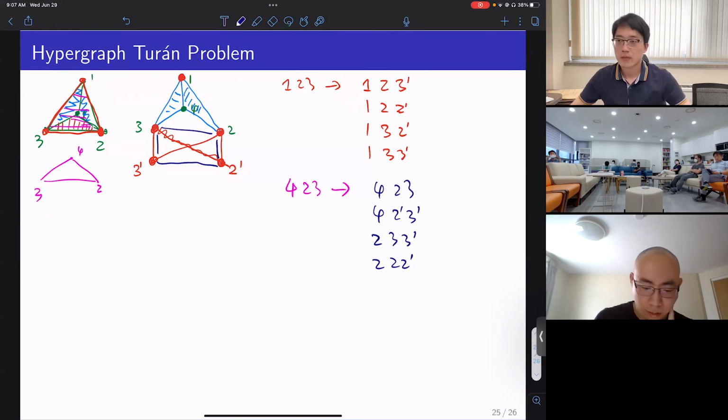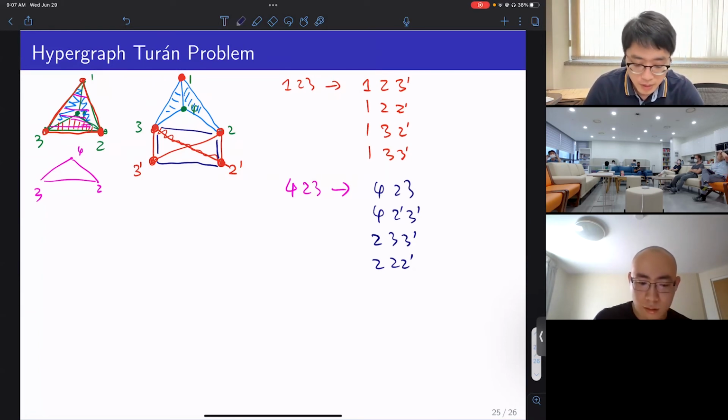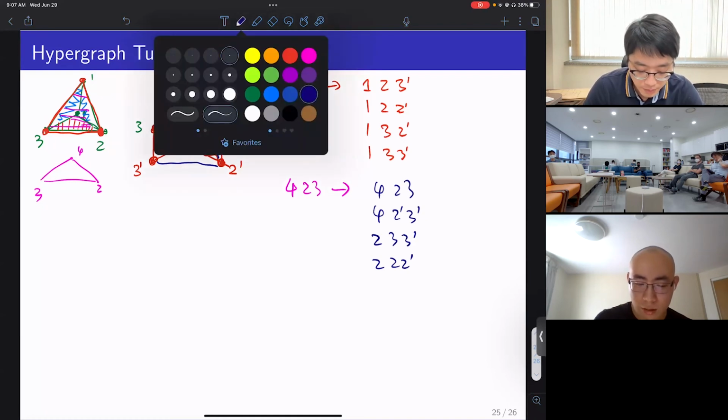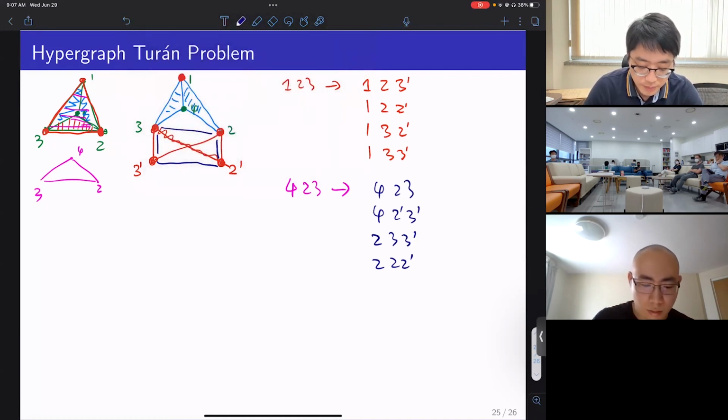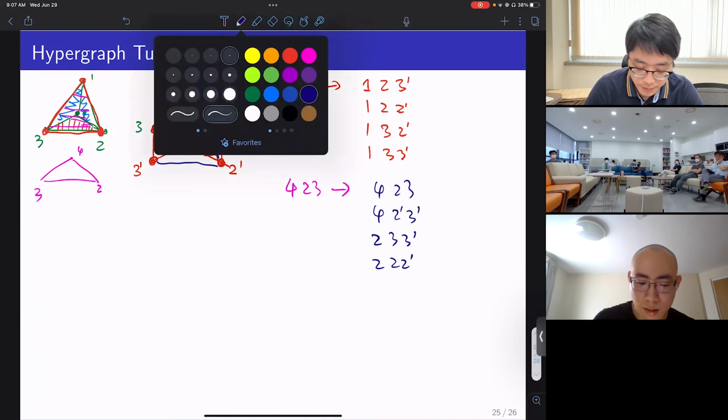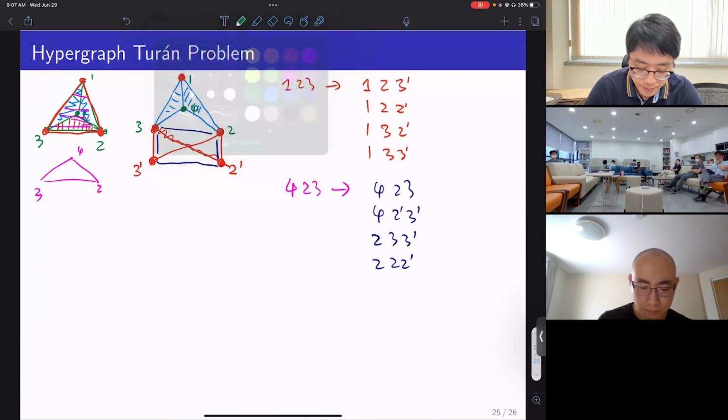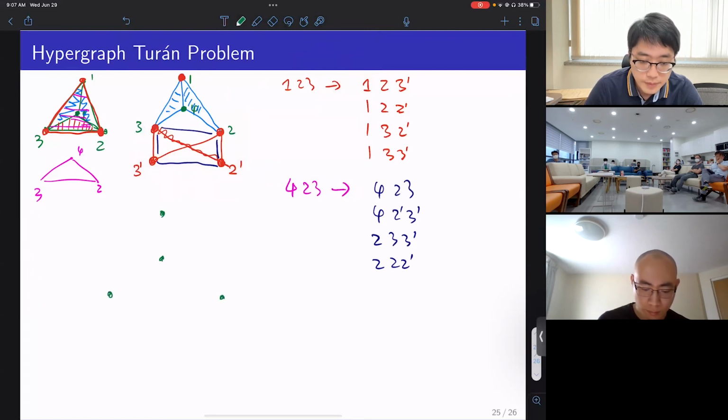For vertex 4, if you do the same thing as for 1, you recover the ordinary blob, with these 2 edges.